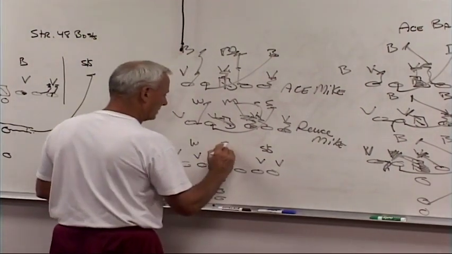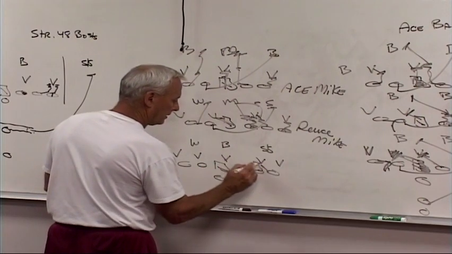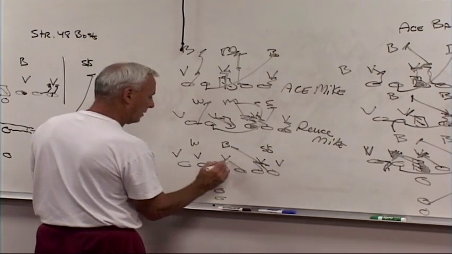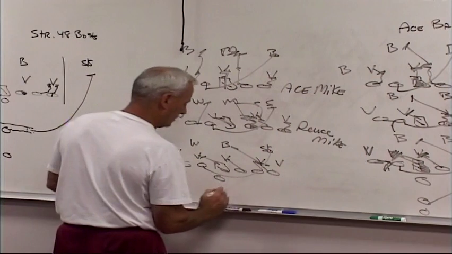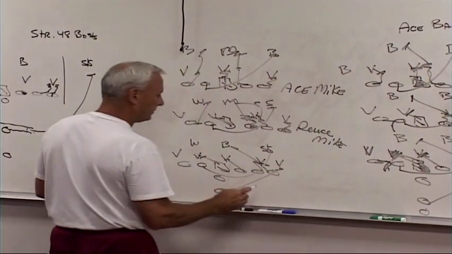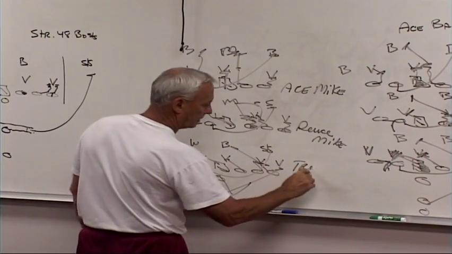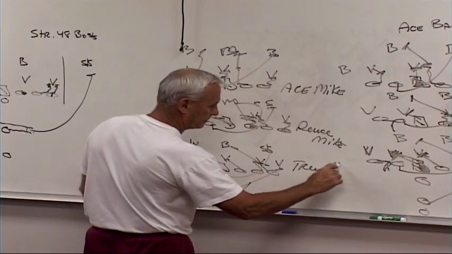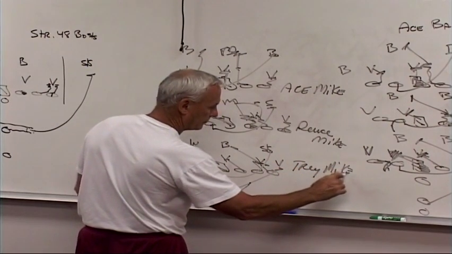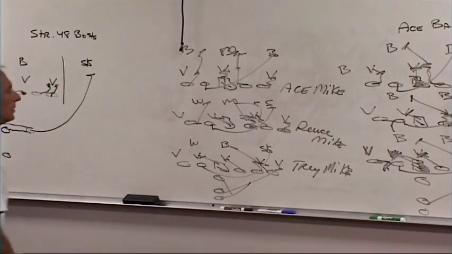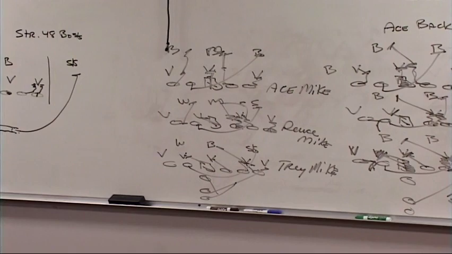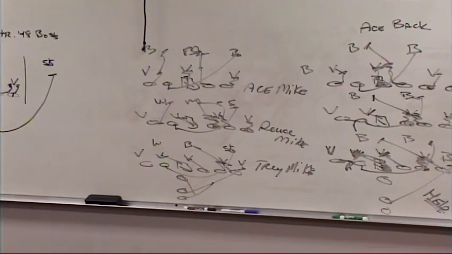He declares that a stack. Now we'll tray to the Mike, kick out, and run the power out there. So we got tray Mike. All right, so you got ace Mike, deuce Mike, tray Mike. Ace back, deuce back, tray back.